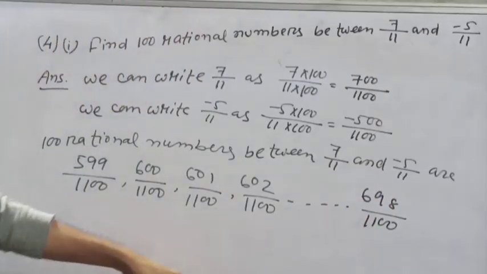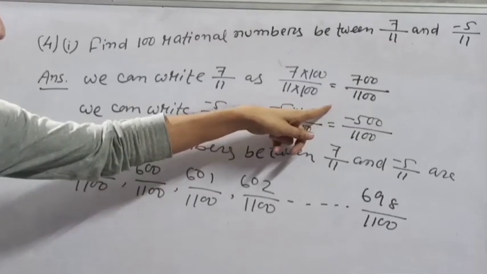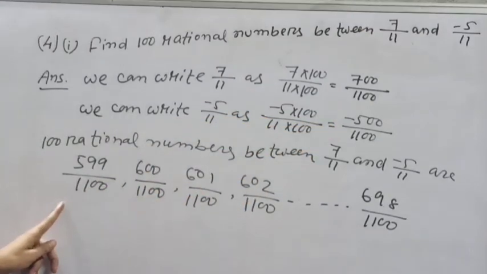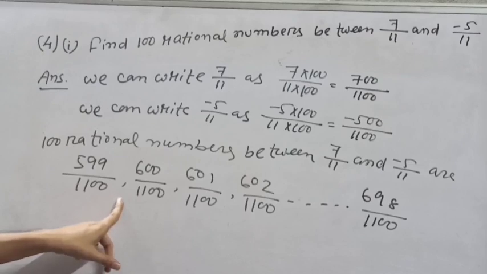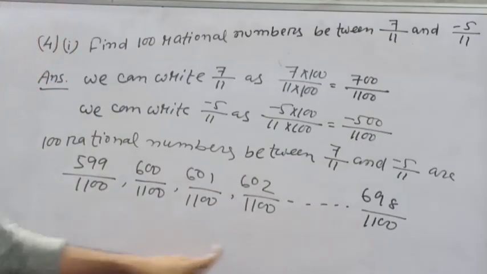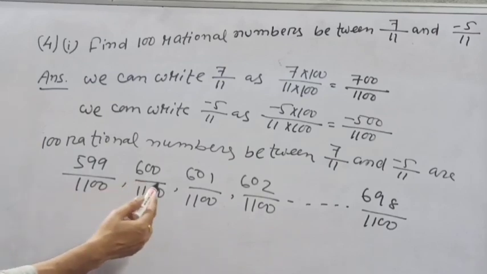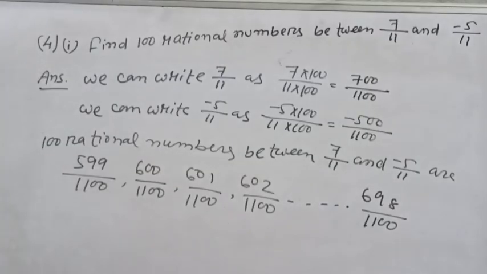So 599, we can write more and more numbers. So these are 599 to 698, 100 rational numbers: 599, 600, 601, 602, dot dot dot, 698. So this is one way.